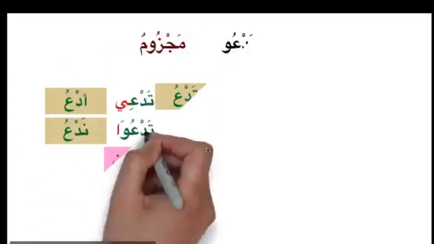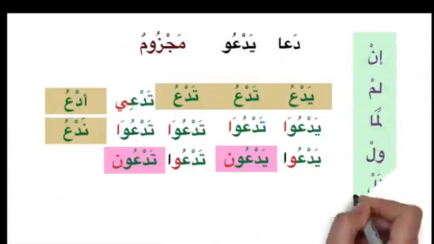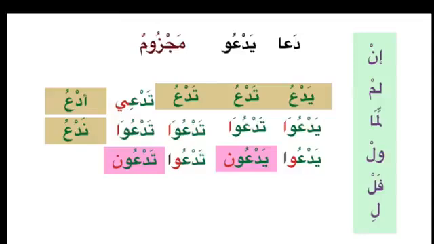So if we proceed further to the majzoom form, see how it looks. So very important, it looks completely different in the mustatir form. Rest everything remains the same because the noon is dropped and everything else remains the same. Whereas in the majzoom form, the harf illa is completely taken away in the mustatir, where the fa'il is mustatir.